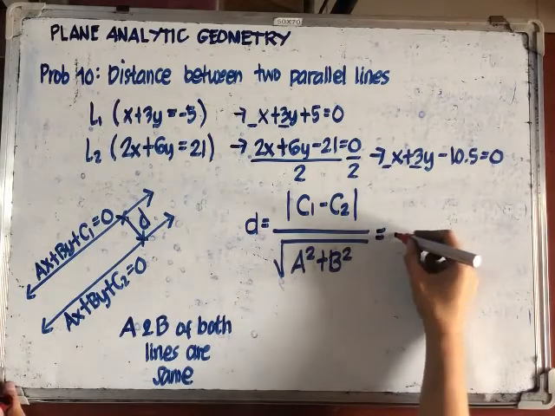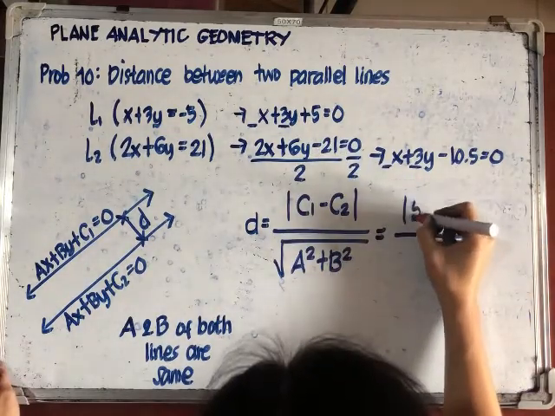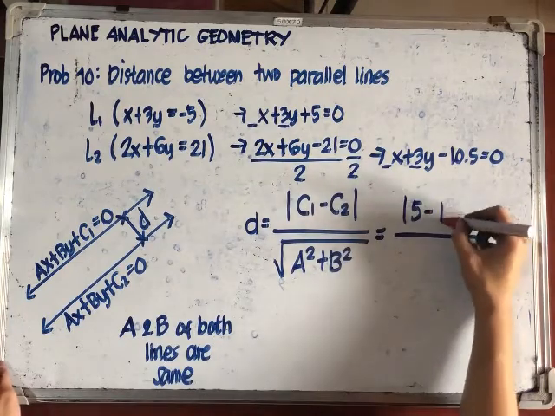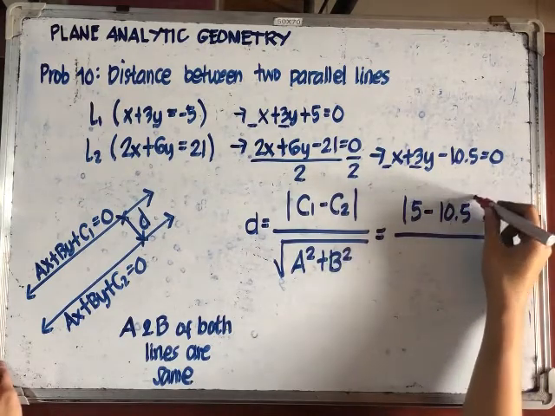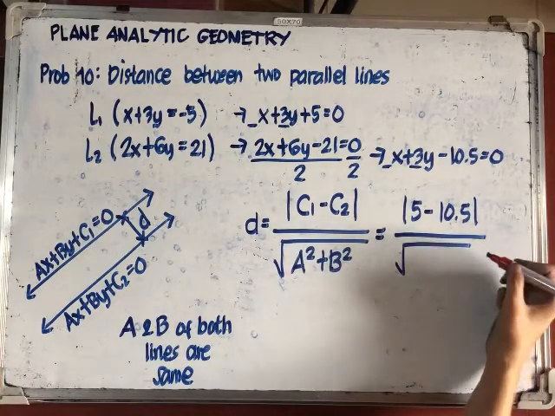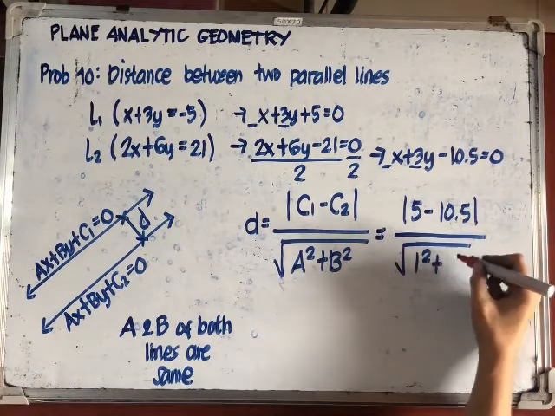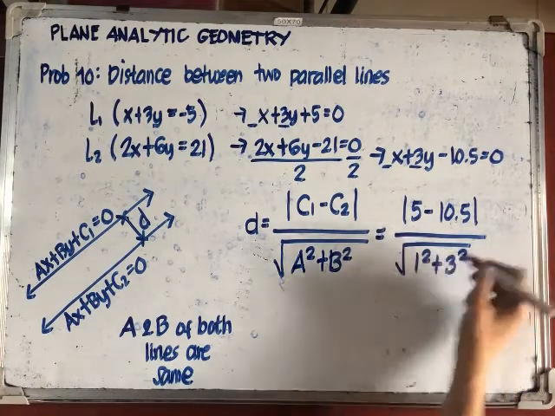So, in that case, tingnan natin ano yung C1. C1 natin is 5. C2 naman natin is negative 10.5. And A natin dito is, ilan yan? A is 1, tapos square natin, and B is 3 squared.